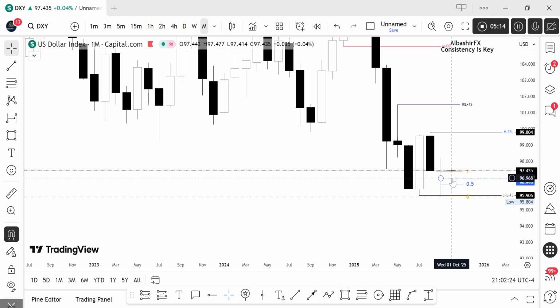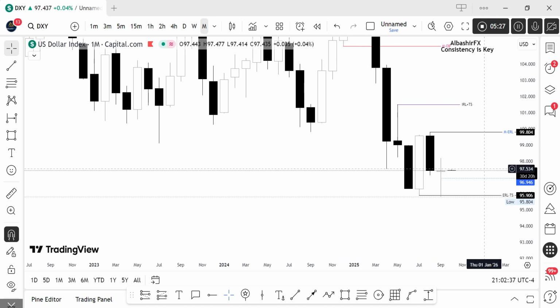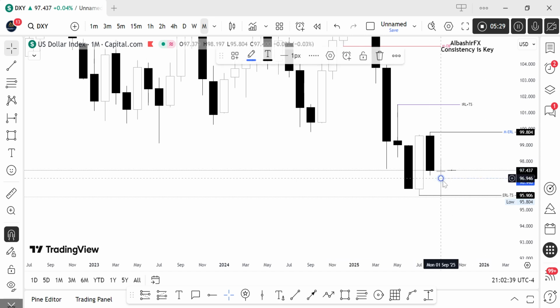Now I am not in support of pricing below the 50%, but the 25% I support price going below. Now I am going to remove that range, and the 25% represents this.